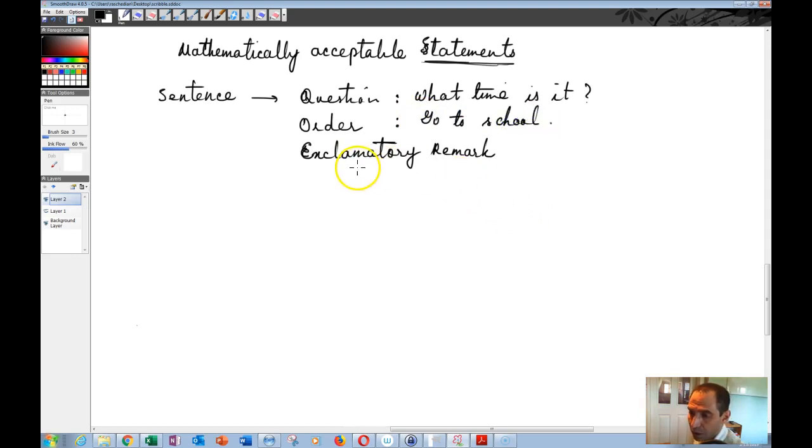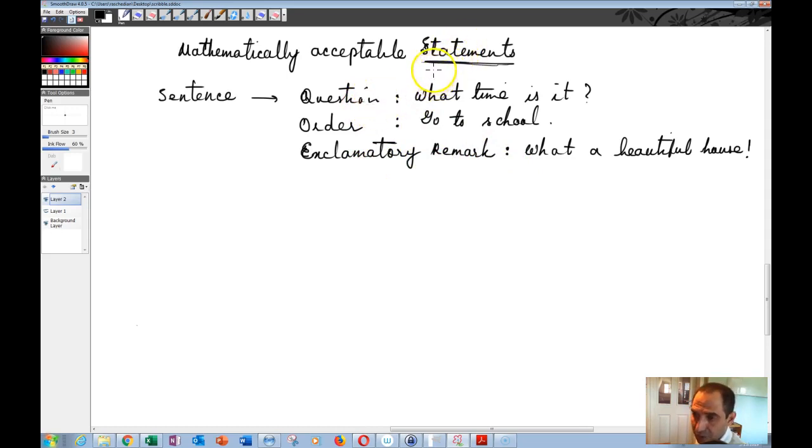Or as an exclamatory remark, you could say, what a beautiful house. So one of these is a question, the other is an order, the other is an exclamatory remark, and none of them is a statement.